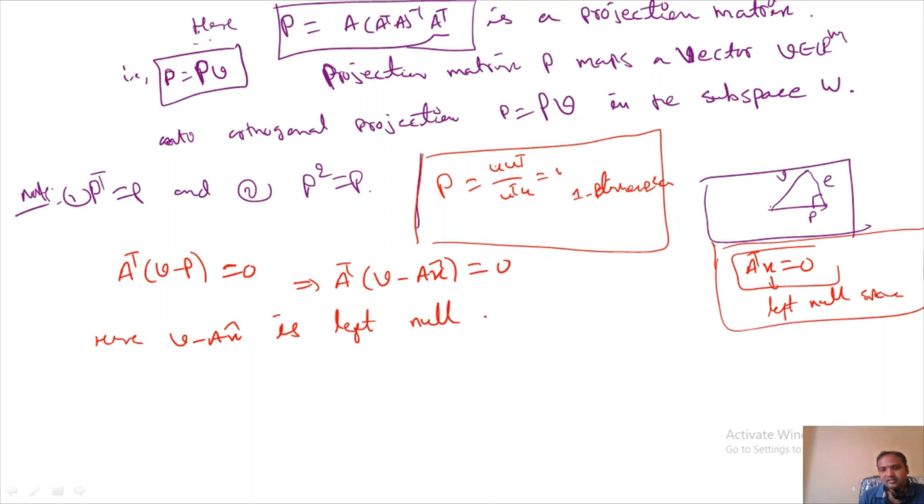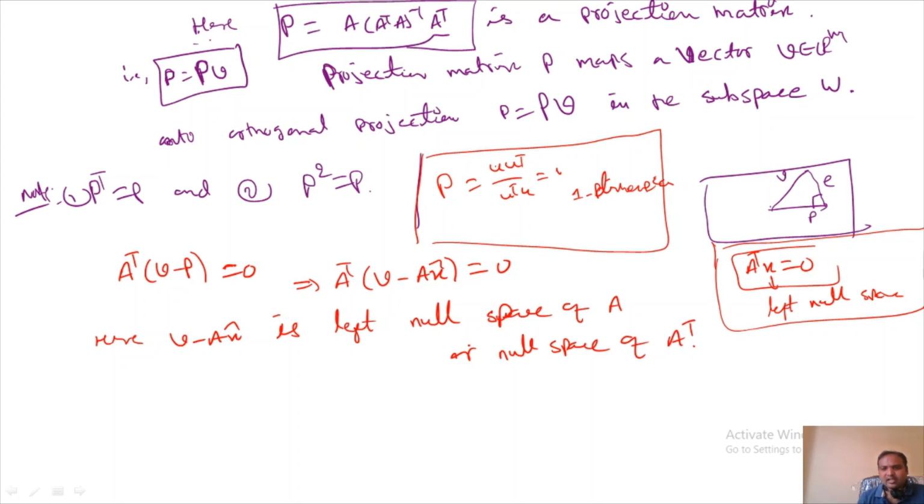The left null space of A, or null space of A transpose.